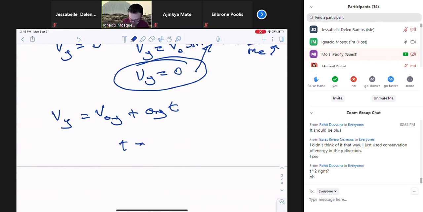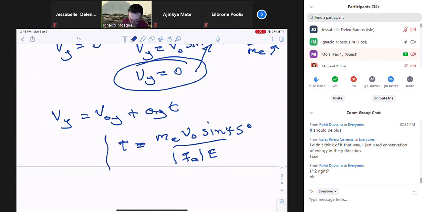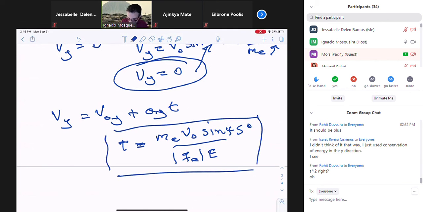T equals ME V0 sine of 45 divided by QE times C. And again, I keep putting the magnitude here to say, don't worry about the sign. You already took care of the sign. This is the time at which the electron reaches the maximum spot, because that's the time at which Vy equals 0.